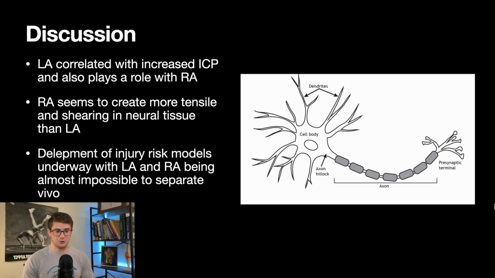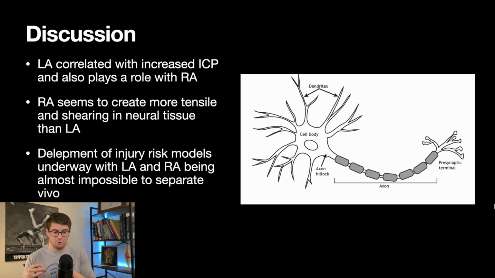So intracranial pressure has been correlated with cognitive dysfunction, neurological dysfunction, one of those being cognitive delays after an injury. Rotational acceleration seems to create more tensile and shearing in neural tissue than linear acceleration, although both of them seem to play a pretty significant role.